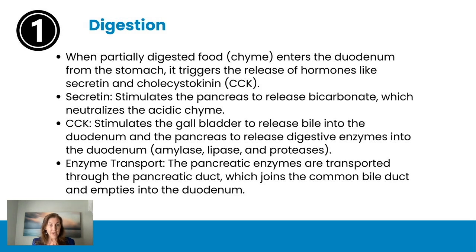The CCK stimulates the gallbladder to release bile, and that is going to help break down the fat. And it's also going to stimulate the pancreas to release pancreatic enzymes to break down carbohydrates, fat, and proteins.